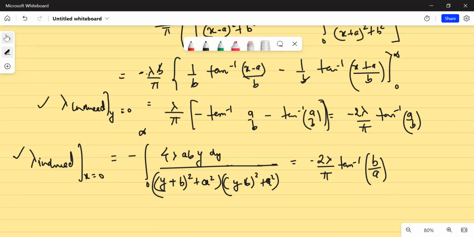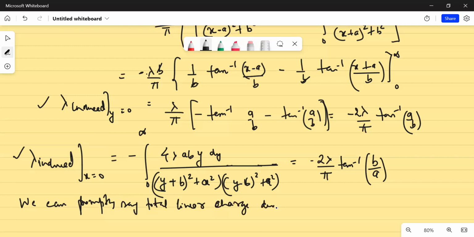Okay, one thing that we can think is, we can promptly say that total linear charge density, totality means totality.